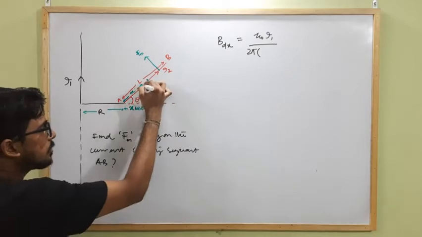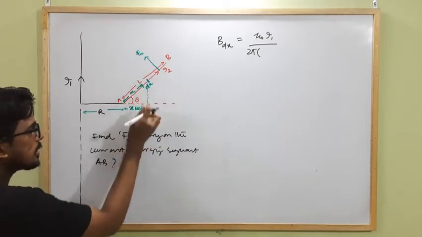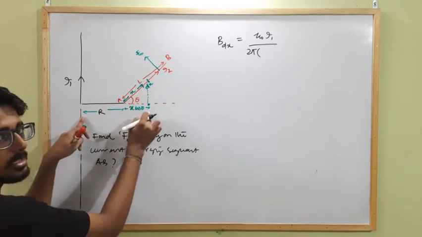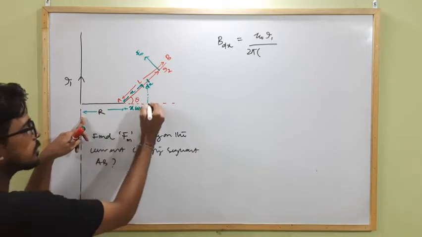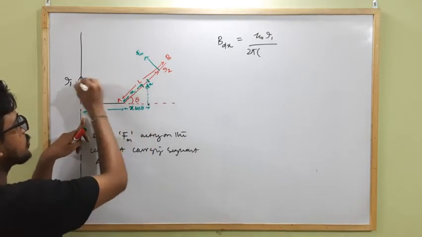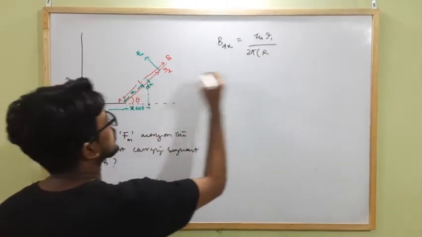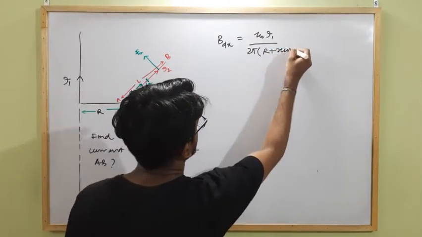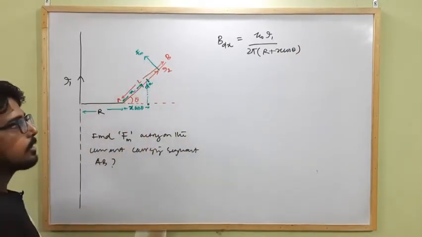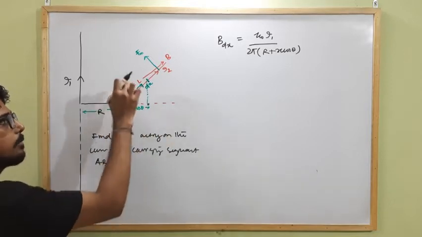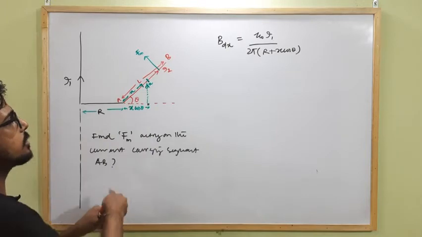Clear? As this is dx, this distance is x, so this component will be x cos theta, and this dx is at a distance r plus x cos theta, that is the perpendicular distance of this segment from the current carrying conductor, because this point and this point are both parallel to each other. So the B at the dx position will be mu naught I1 divided by 2 pi times r plus x cos theta. Clear? And the current flowing through this will be I2. The length is dx. So the magnetic force acting on this segment, current along this direction, so dl will be along this direction.